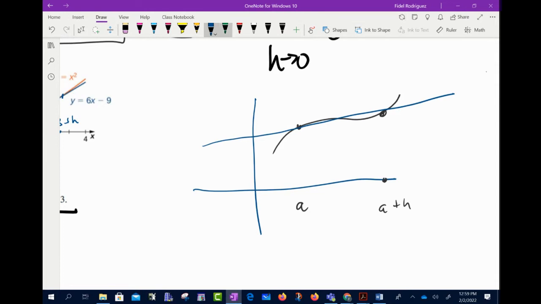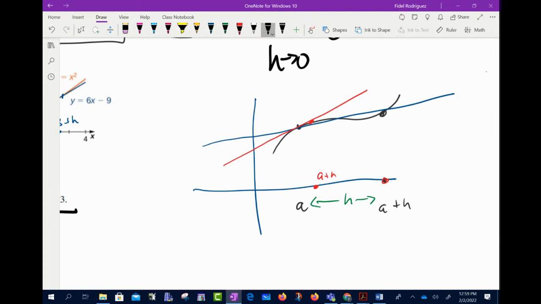So what we're saying now is, look, remember the distance between here and here is h, right? So if we were to move this point closer, now I'm going to say this is a plus h, right? And I'm doing this kind of freehand.